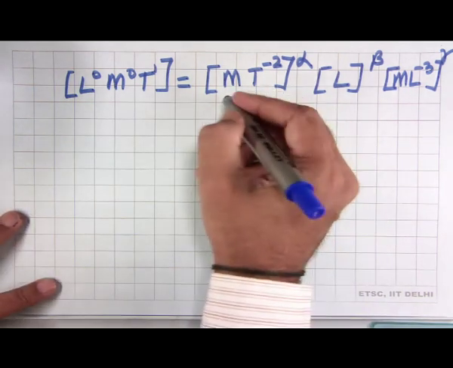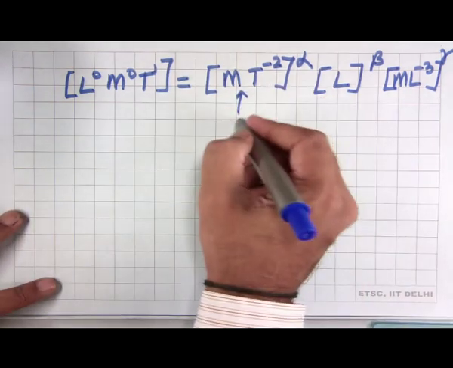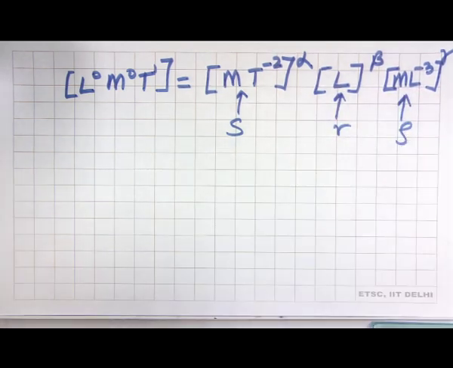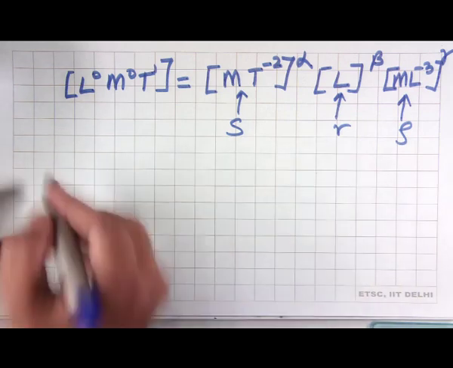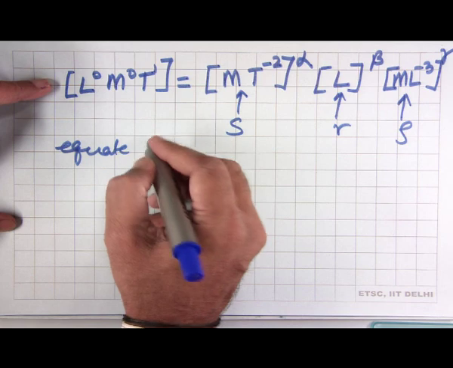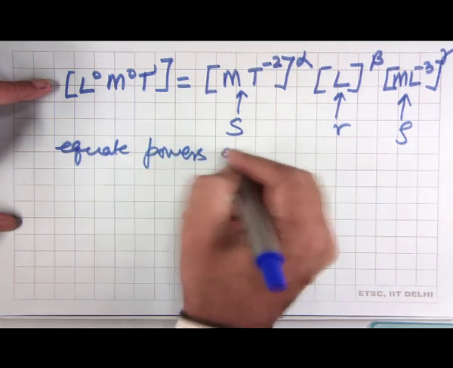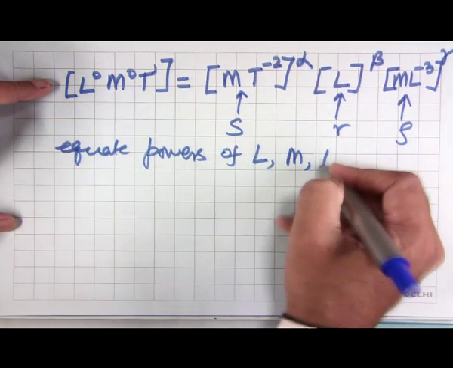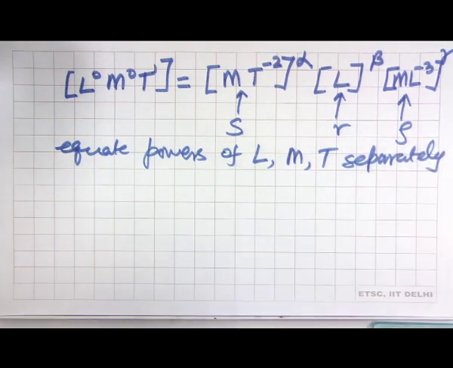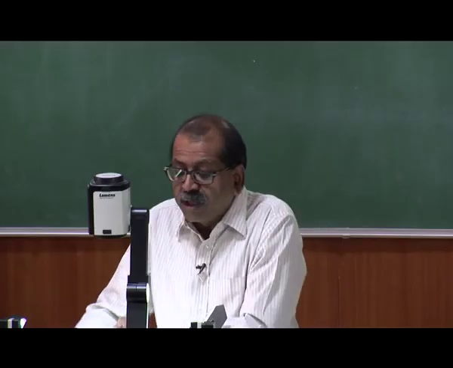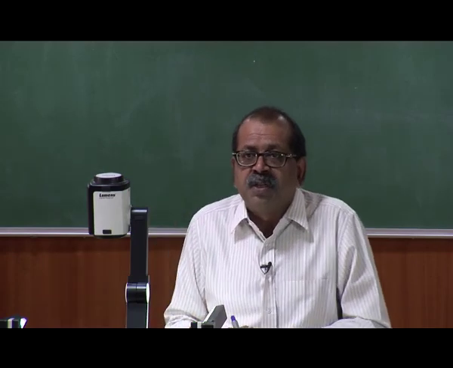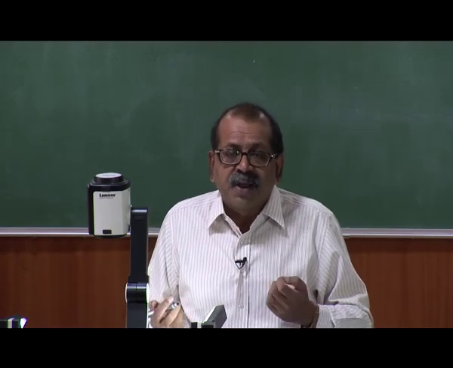Here this is the dimension of S, this is the dimension of r, and this is the dimension of rho. Now we equate powers of L, M, T separately. This will give us 3 equations, and that is why I said that if there are more than 3 quantities, we will just be able to reduce the number of variables, we will not be able to give the final form.